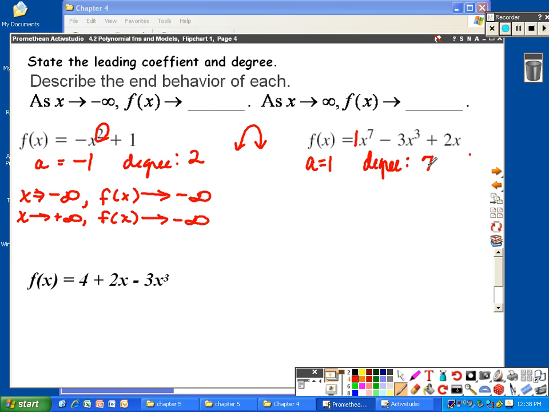That is an odd number, so it is an odd degree function. So as x gets negative, and it's a positive A, f of x should get negative. As x gets positive, y should get positive.